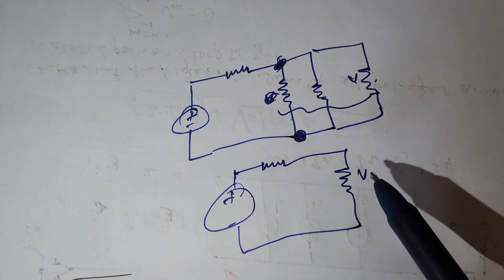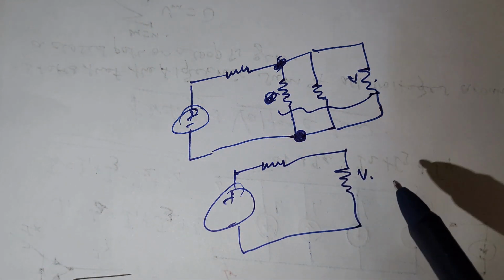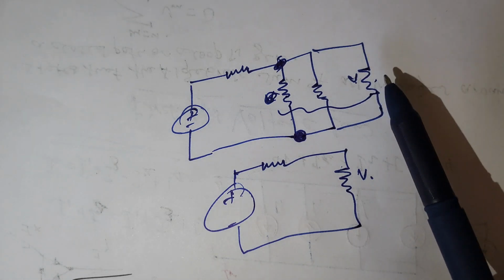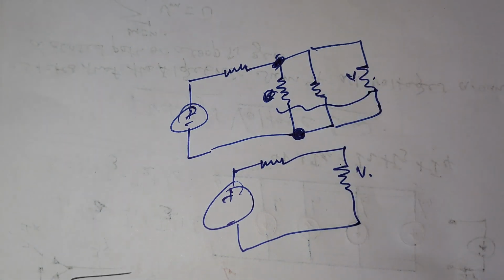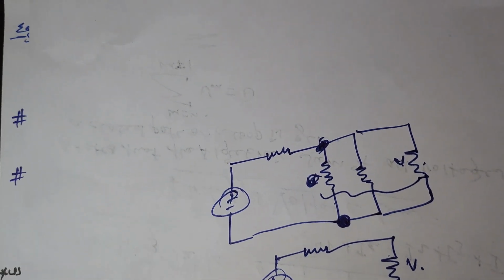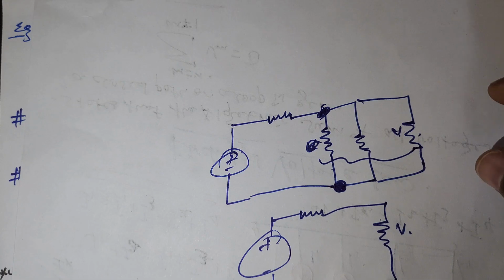The voltage of their equivalent is equal to the amount of the voltage on one of the branches of the parallel components. So keep this in mind. You don't have to necessarily find the amount of voltage while they are in dispersed form.